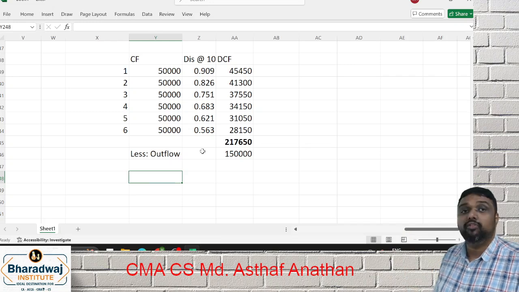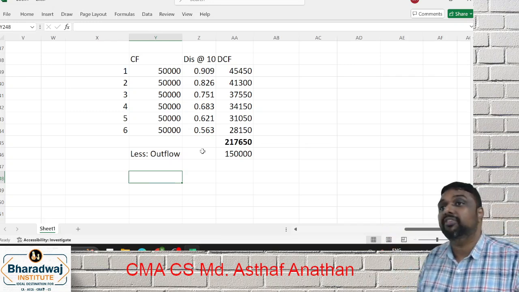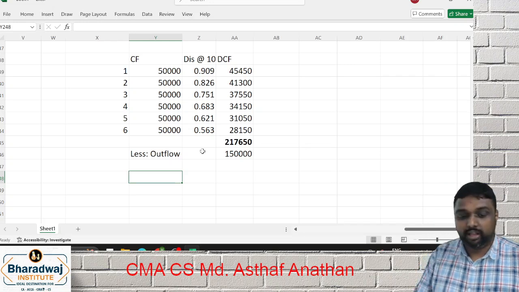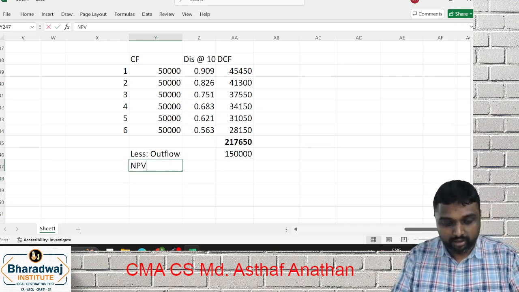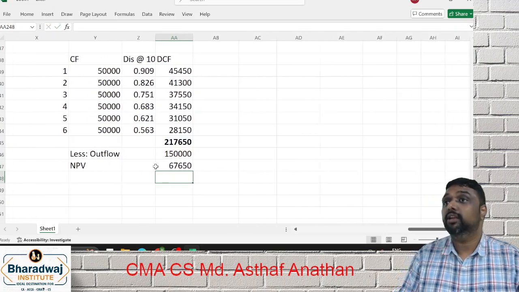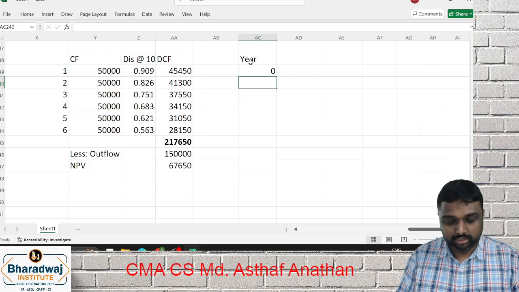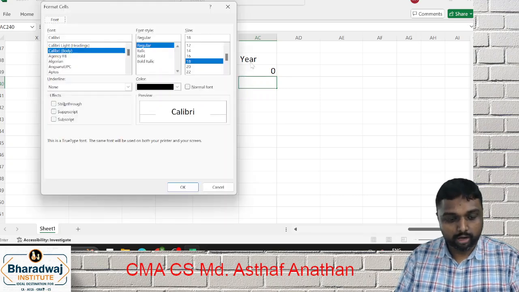You can go for a shortcut method. You don't need to go through this lengthy method. We call it the annuity factor method. Here is how you get the NPV. But you can get this answer in one line. How can you get this in one line? You can go for year 0, year 1 to how many years?